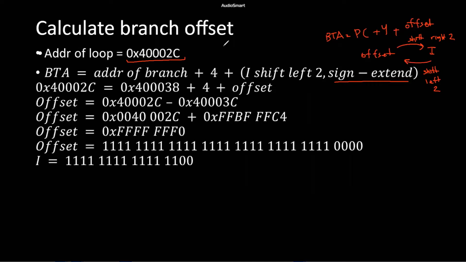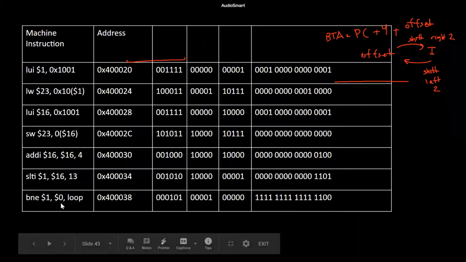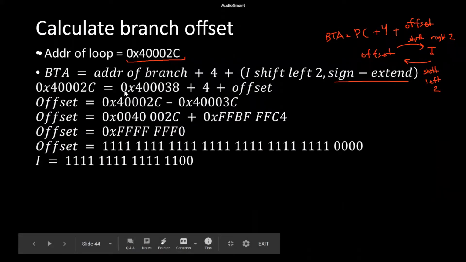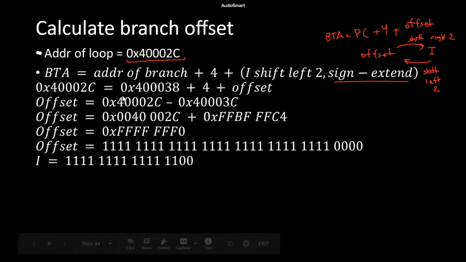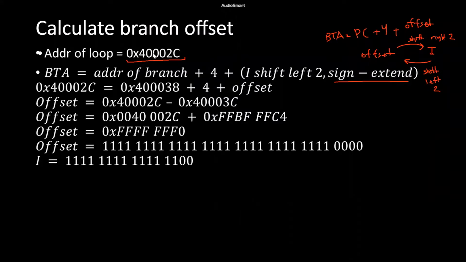So if we look back here, this is the branch instruction that we're actually converting, and this is the address that this instruction is located on. So that is going to be PC, and you see that we have that here, and then +4, and then plus offset.